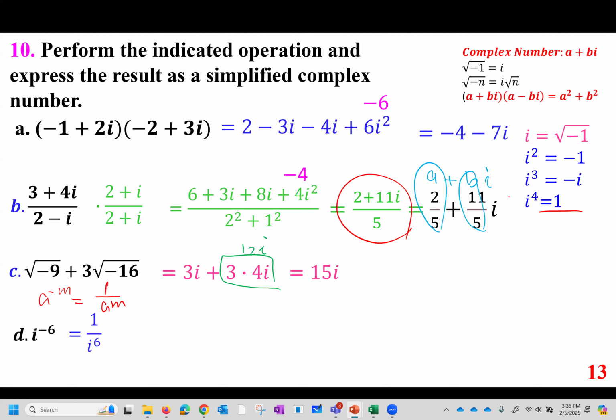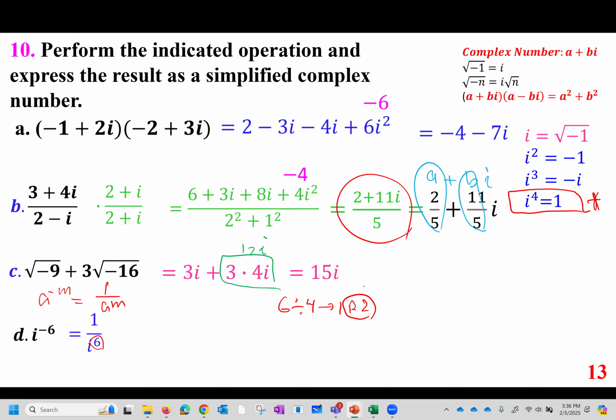I want you to pay attention to the fact that i to the power of 4 is 1. When you have powers of i, there are different approaches. The fastest and easiest way is to remember i to the power of 4 is 1. Therefore, the methodology is to divide the exponent, in this case 6, by 4, and you get 1 with the remainder 2.